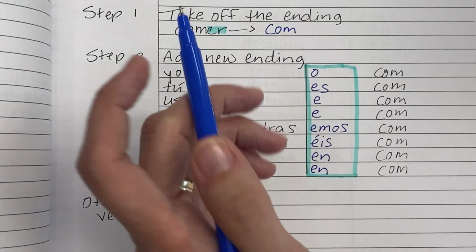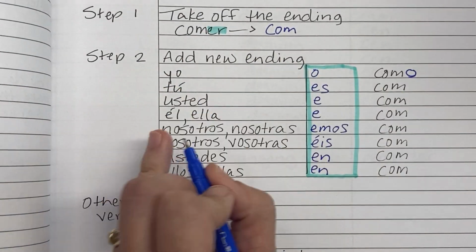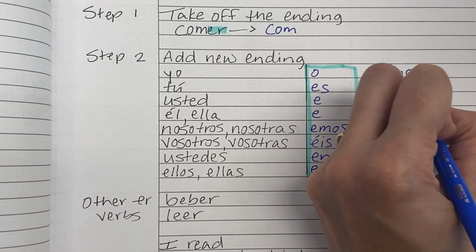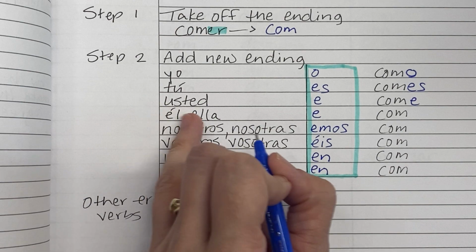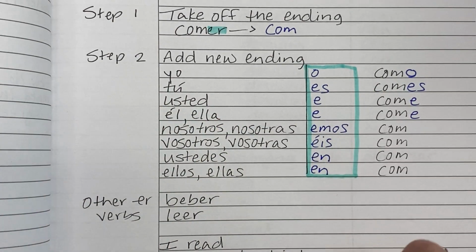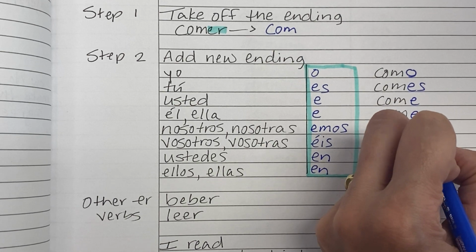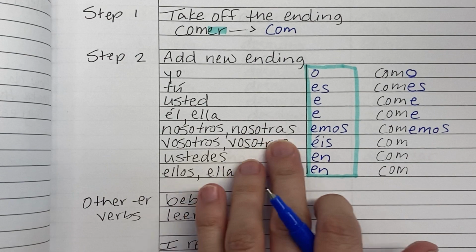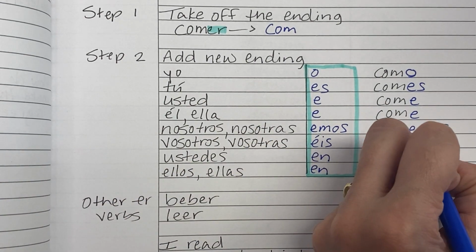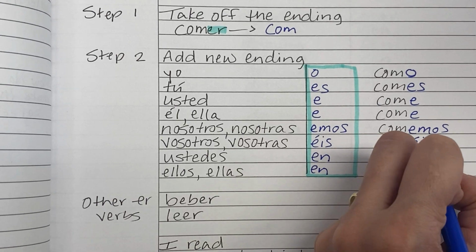So I eat is yo como. You informal eat is tú comes. You formal eat is usted come. He or she eats is él o ella come. We eat, nosotros o nosotras comemos. You guys or y'all eat in Spain, vosotros, vosotras coméis. Or in Mexico, ustedes comen.